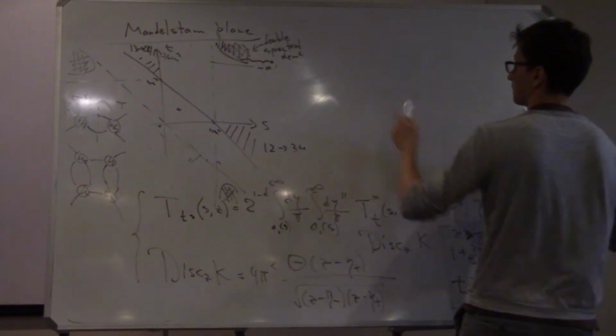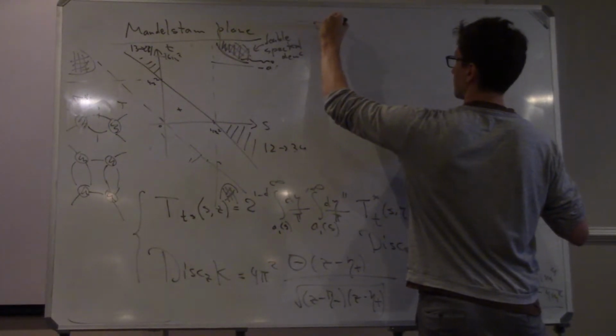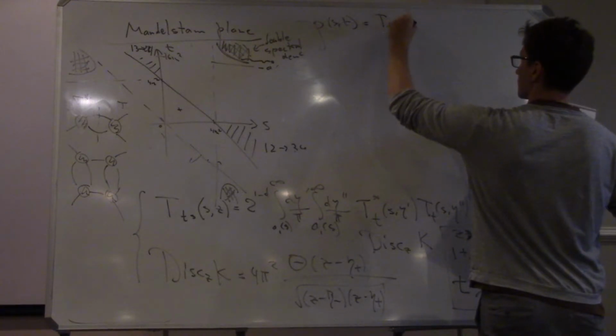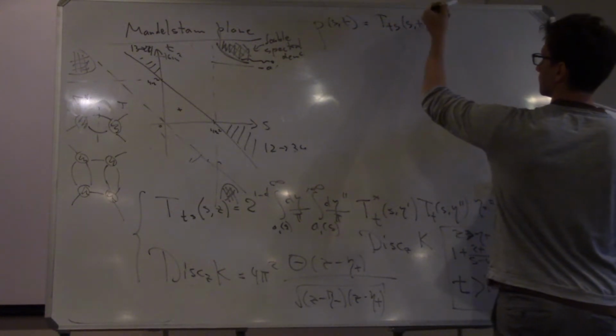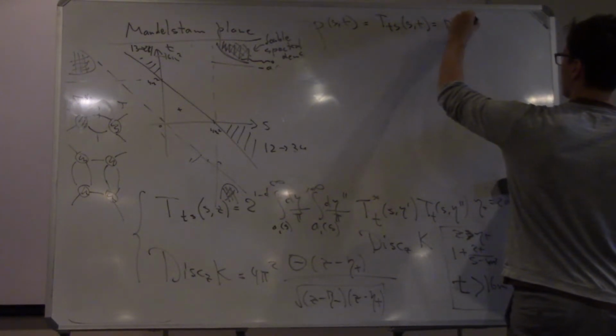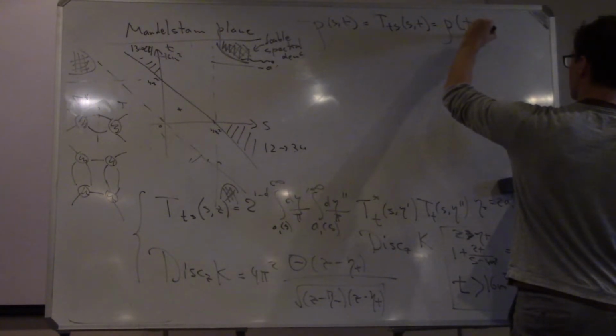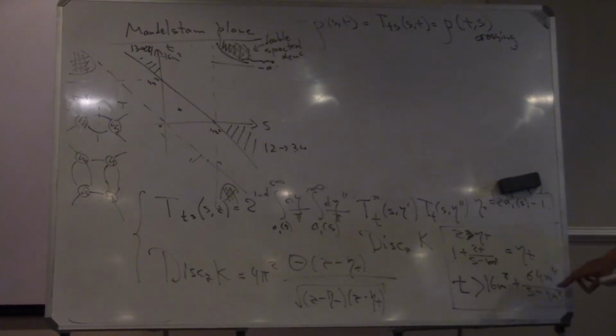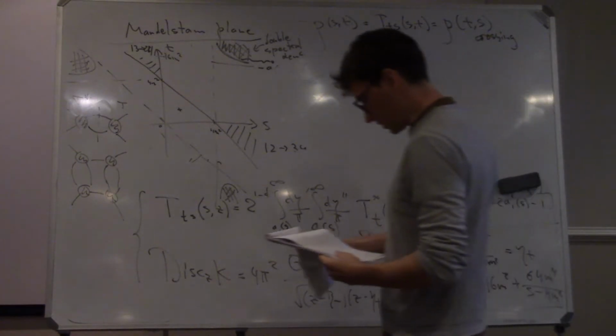So we want to have this double spectral density, S and T, to be equal to, and this is a statement of crossing. Now let's draw this region.